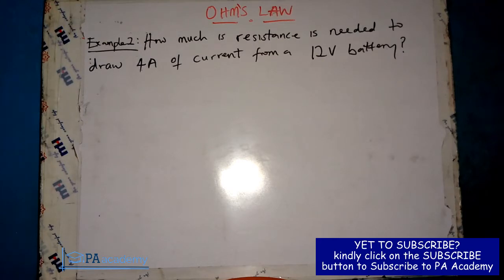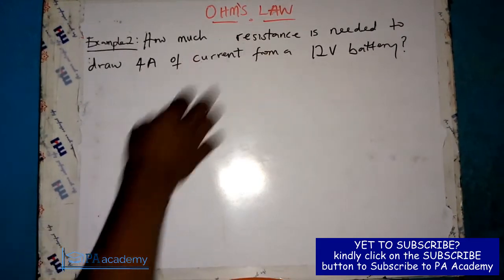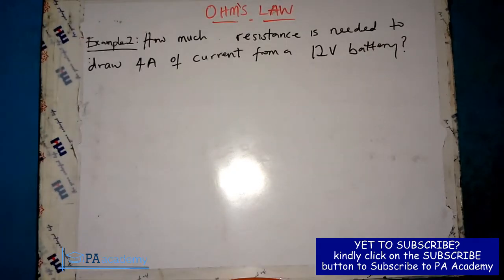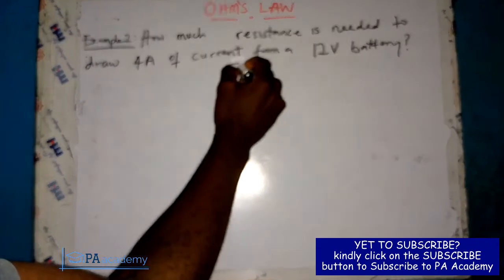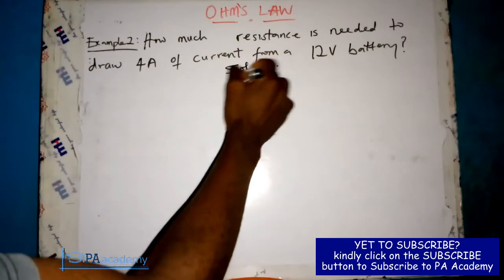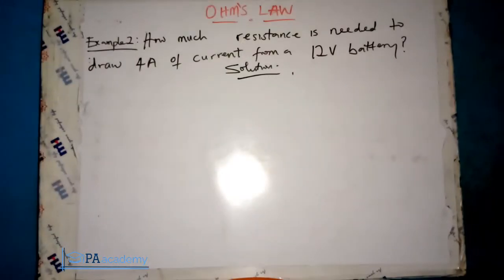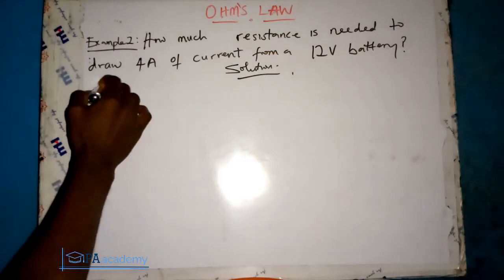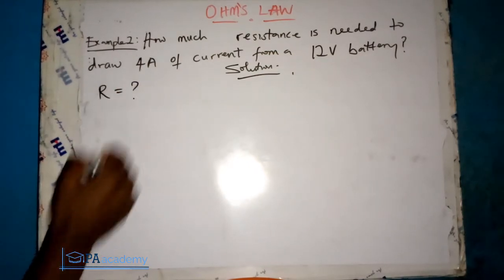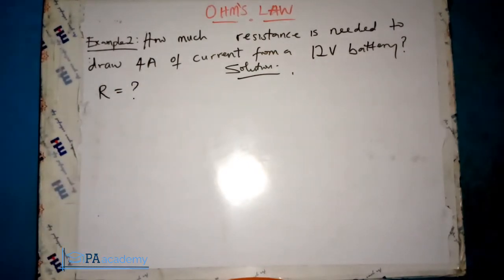So now this is example 2. It says, how much resistance is needed to draw 4 amps of current from a 12 volt battery. So let's do this. Let's bring out some of the parameters. We are looking for resistance R to draw 4 amps of current.